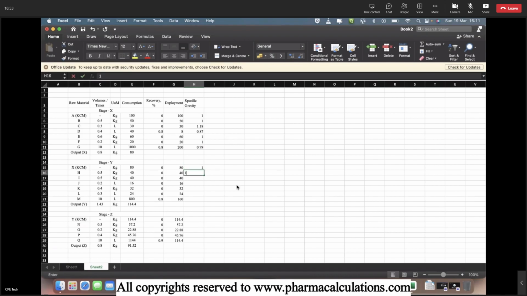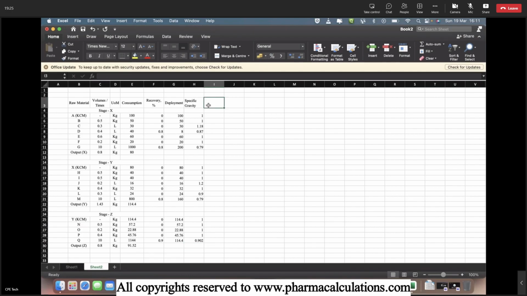So here it is 1, and coming to this, it is a liquid, so I'll consider the density as 1.2, and again this is a liquid, so I'll consider the density as 0.9, and again this is a liquid, so I'll consider the density as 0.79. And here, these are all solids, so we'll be taking it as 1. And coming to the final thing, let's say the density is 0.902, like the less that we can take.